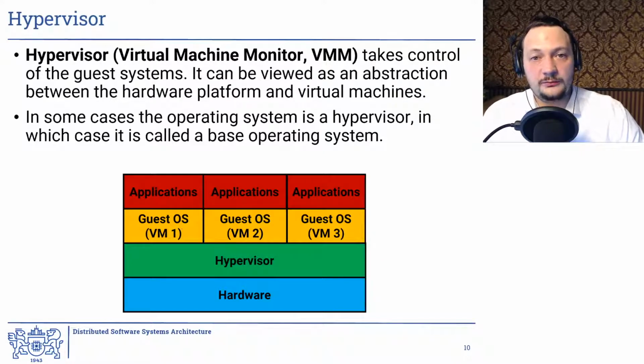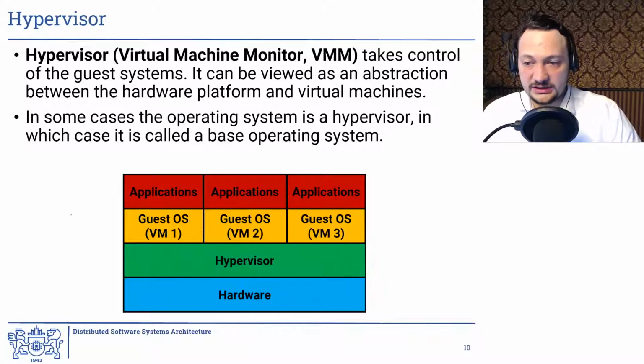At the core of virtualization lies the concept of the hypervisor, or virtual machine monitor. The hypervisor takes control of the guest systems. It can be viewed as an abstraction between the hardware platform and virtual machines.